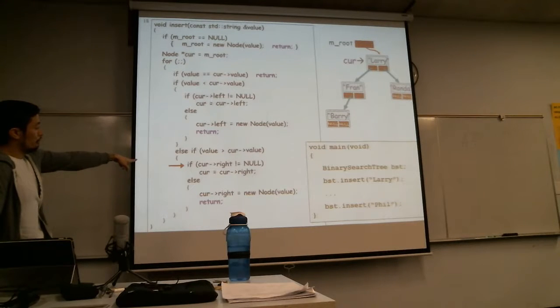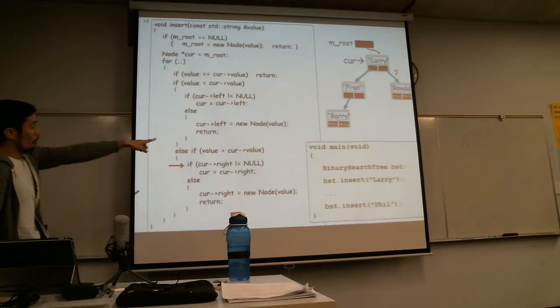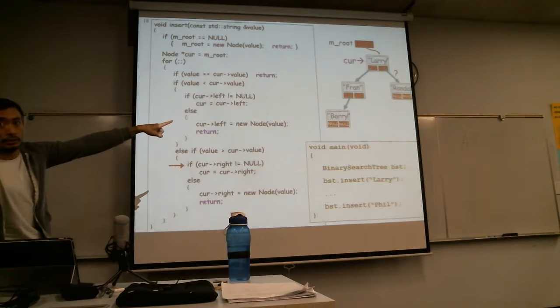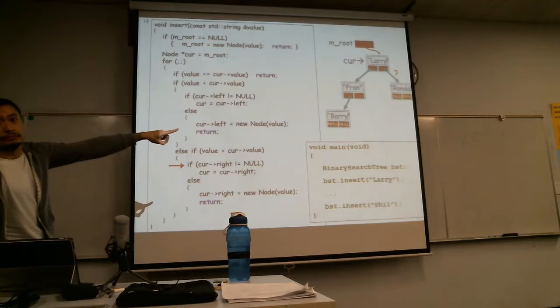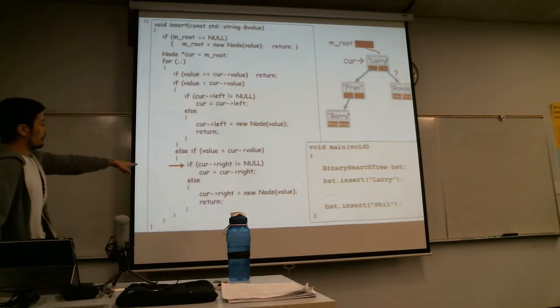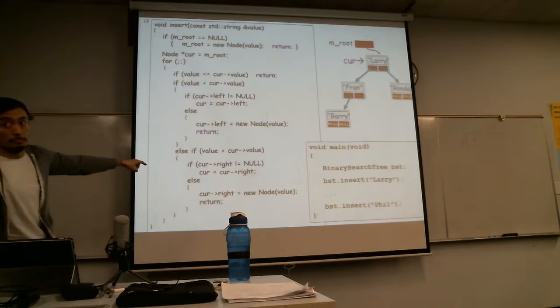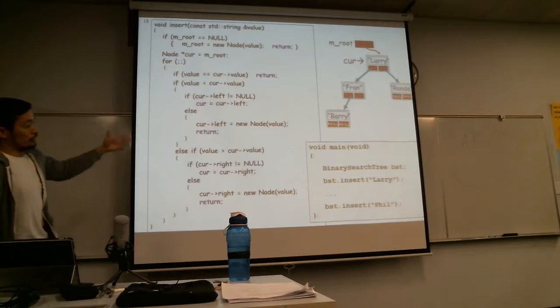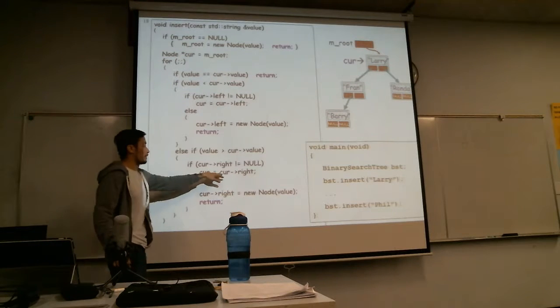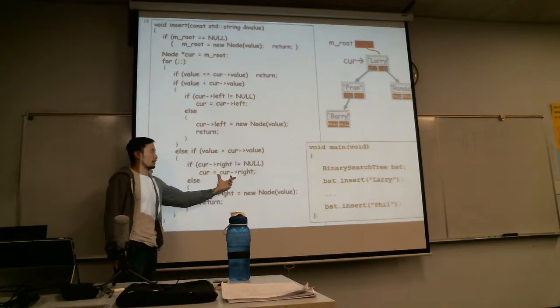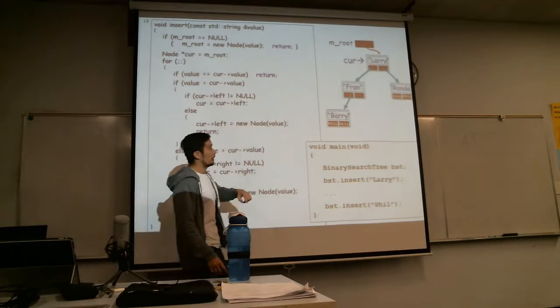Now, if the right is not null, which it is not, so we do what? What's cur equal? Yeah, this pretty much just means move to the right, so cur equals the address of Larry's right child.